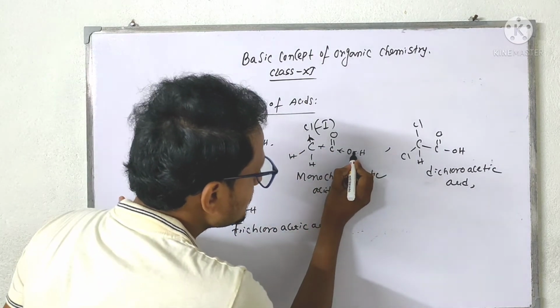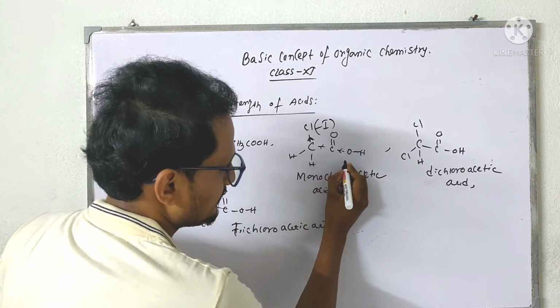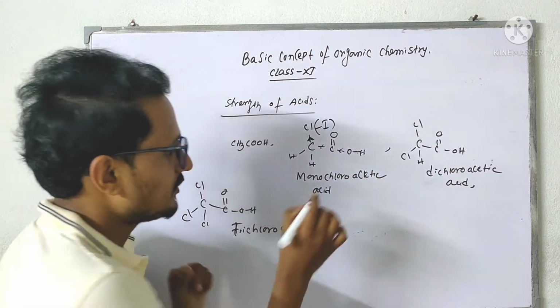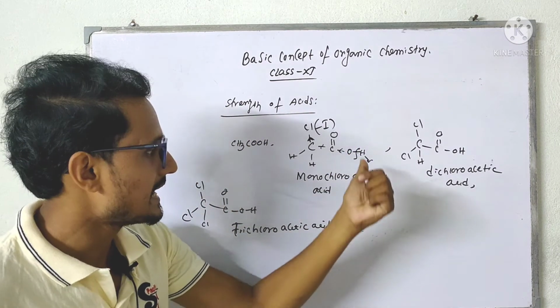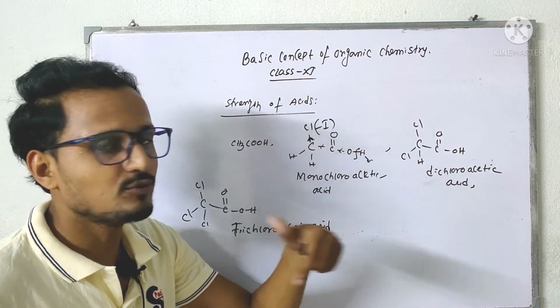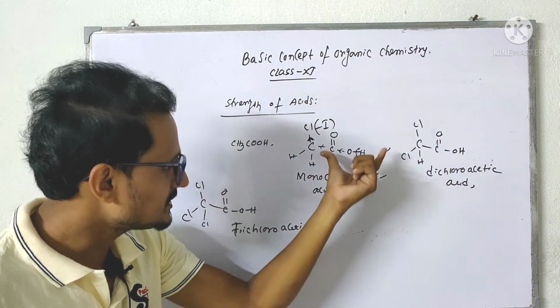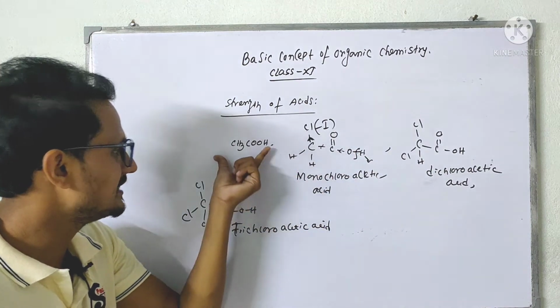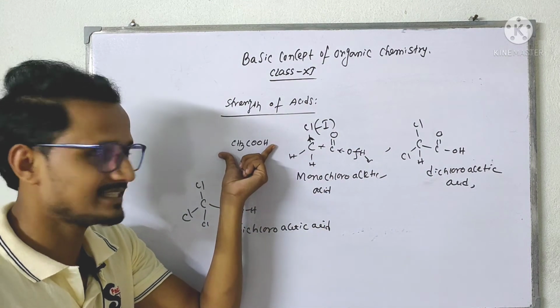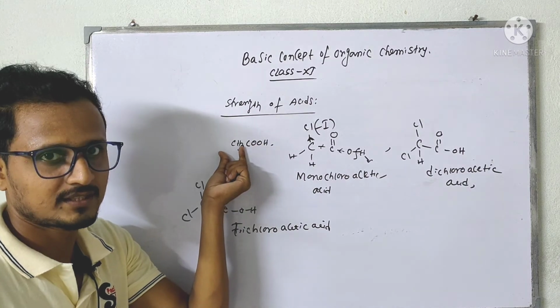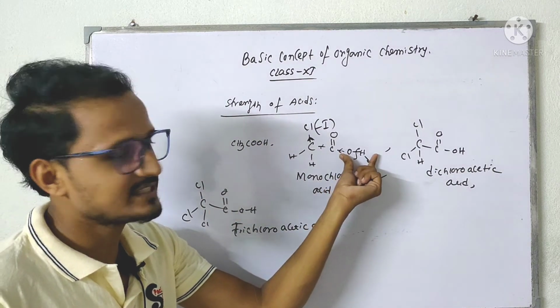That means the electron density on this OH bond will decrease. So this OH bond can be easily broken and H plus ion will release easily. So this will be more acidic than acetic acid, because acetic acid is less acidic because of this CH3 group.